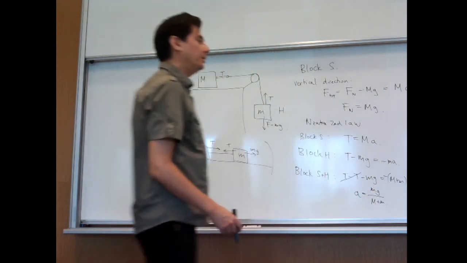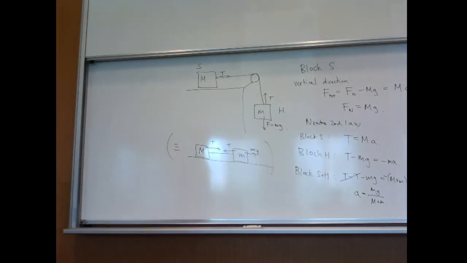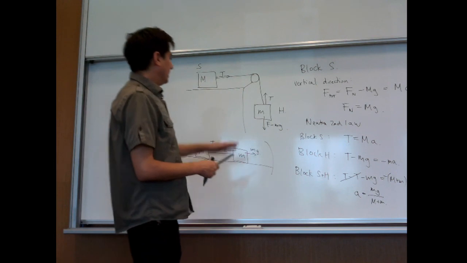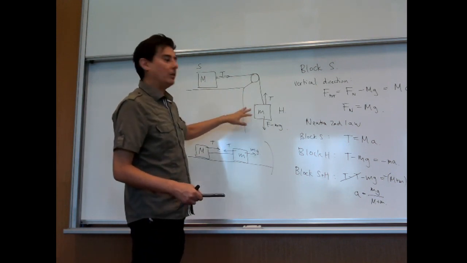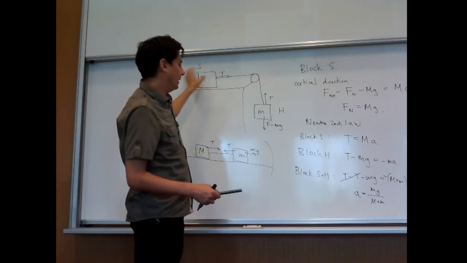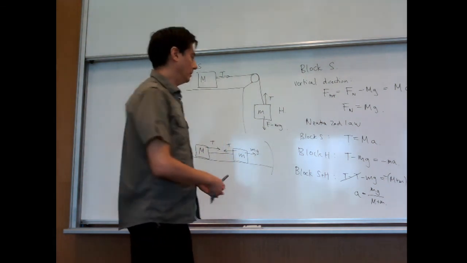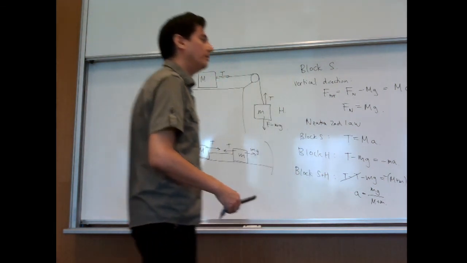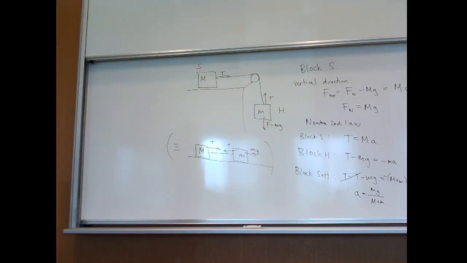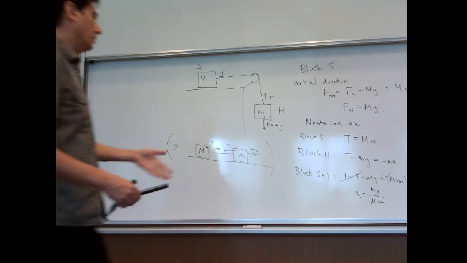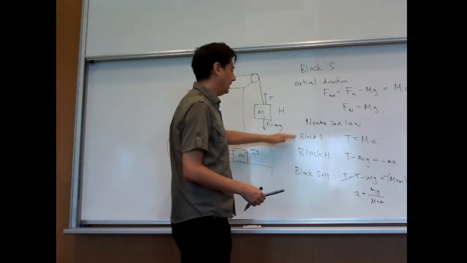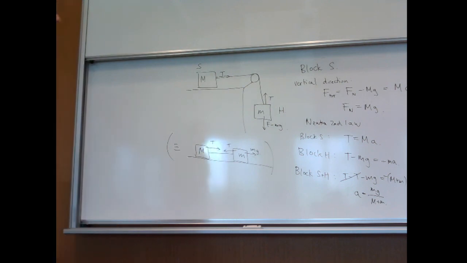So that's the acceleration. Put some numbers in if you like. Acceleration of block H is actually the same because this is like one rigid object. So this is also the acceleration of block H. Yes, so the acceleration of the whole system, block S and H.